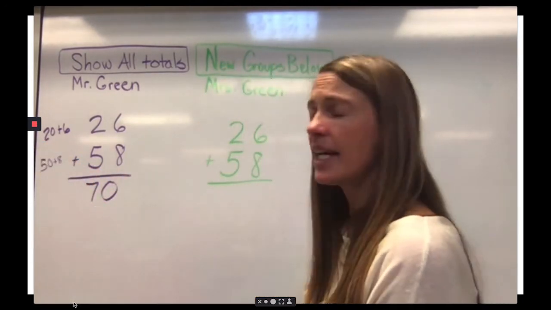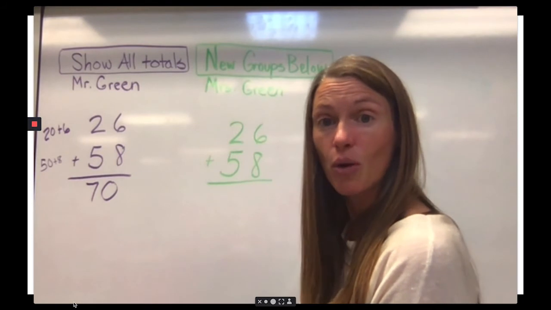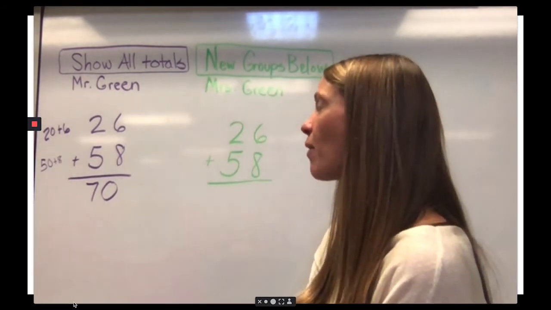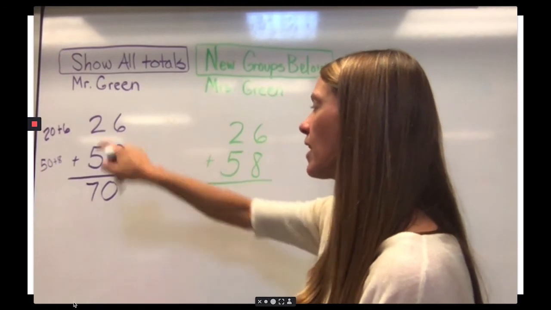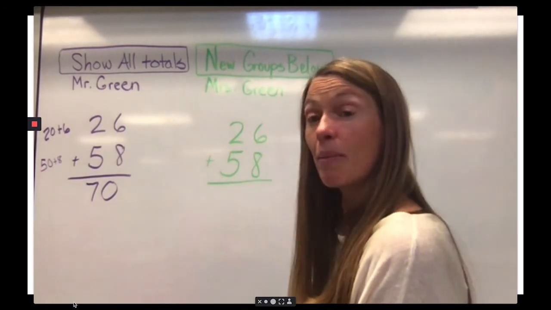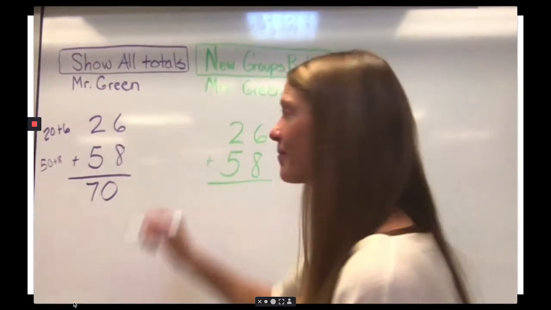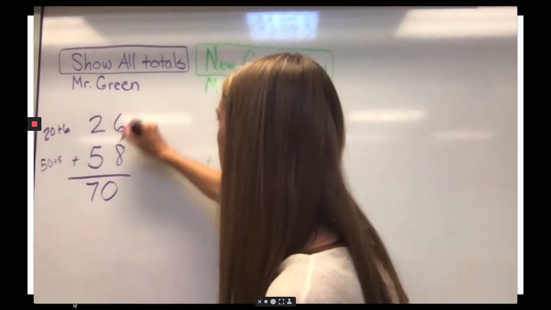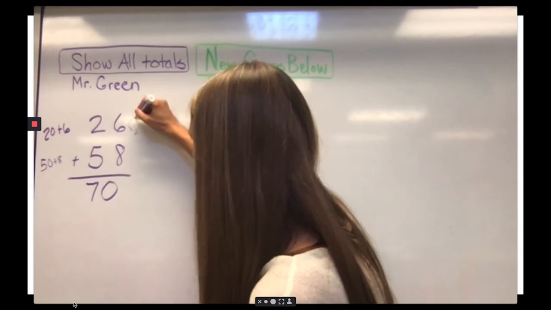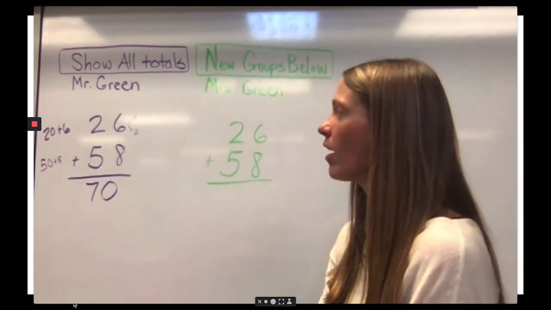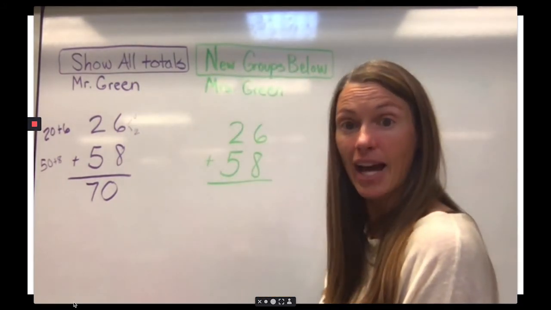Now, I need to do the second step of my show all totals method, which is add the ones. Now I have 8 ones plus 6 more ones. Shall we make a 10? I know that 8 plus 2 more equals 10, which leaves 4 more to add to 10.